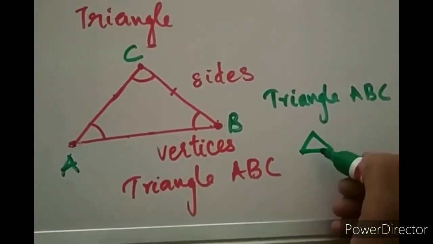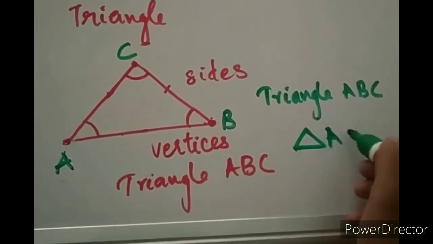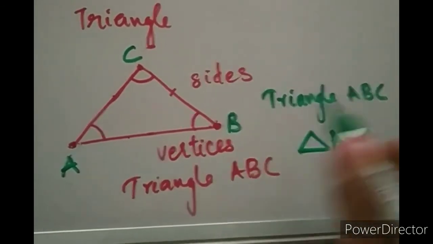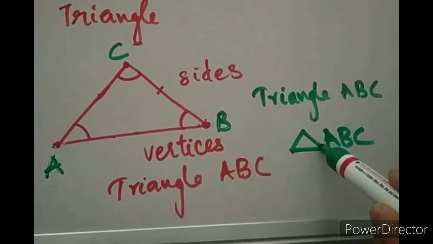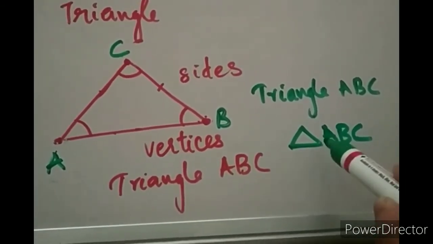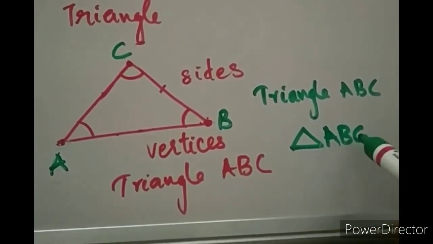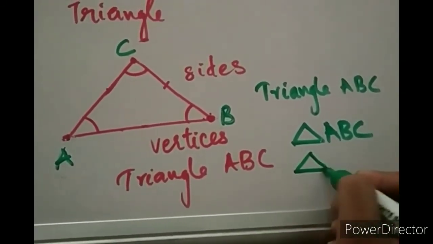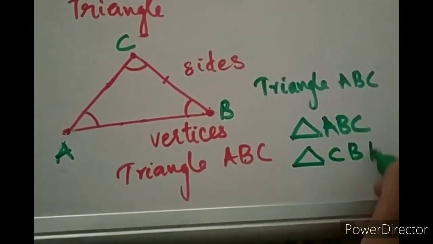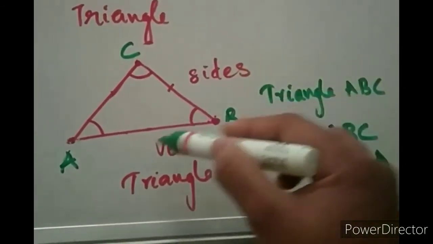By drawing a small triangle, then we will write the name of each vertex. So this is read as triangle ABC. We can also call it triangle CBA in the clockwise order.